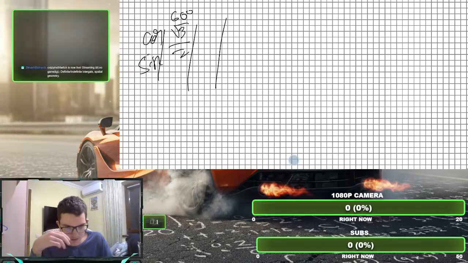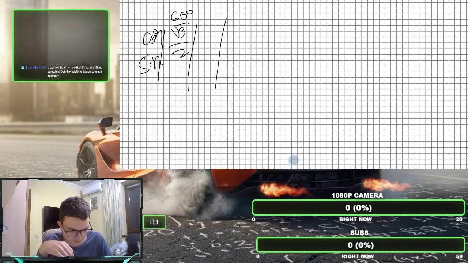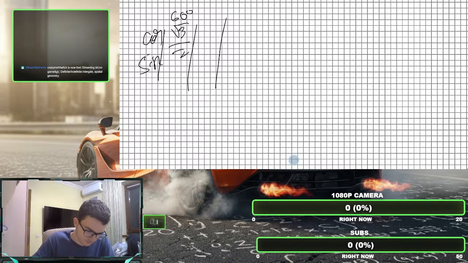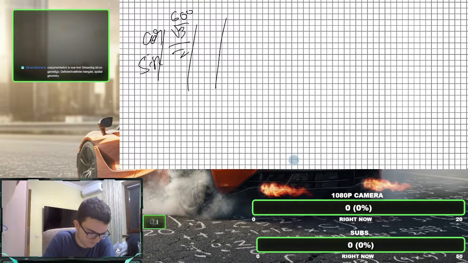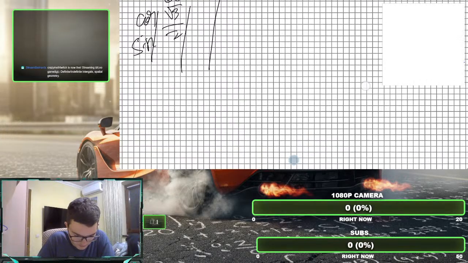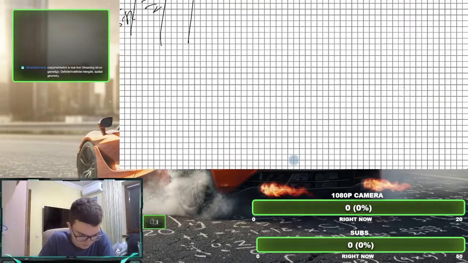Okay, so start off, make a table, right? Starts off with sine, then cos, and then tangent. So I'm gonna start like this.